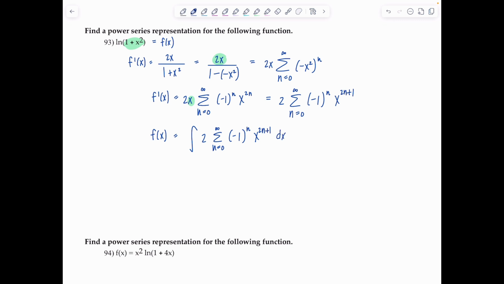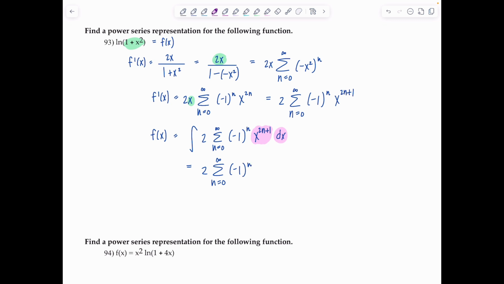And no panic attacks. I know this looks very, very frightening, but just say to yourself, I'm integrating with respect to x. This is the only term that involves x. Everybody else is a constant, so you're not going to touch it. They're just going to come along for the ride and hang out. Okay, so just rewrite everybody else. That way you start writing something and the panic doesn't accumulate.